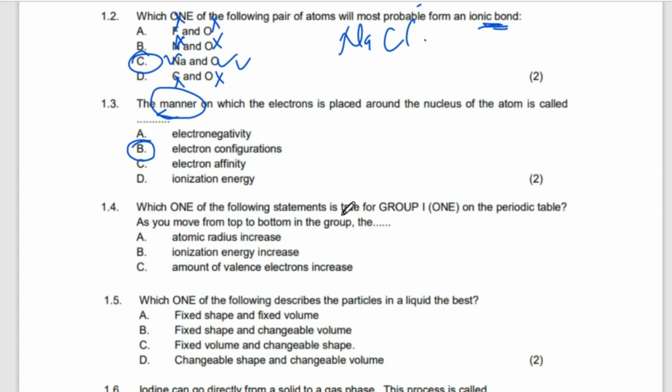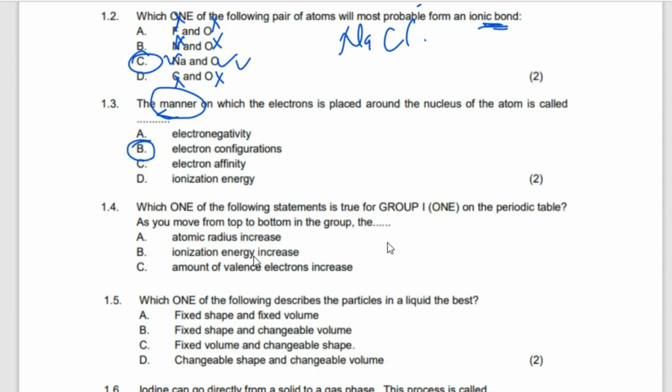Which one of the following statements is true for group 1 on the periodic table? As they move from top to bottom in the group, the atomic radius increases. These are the things I've been talking about.